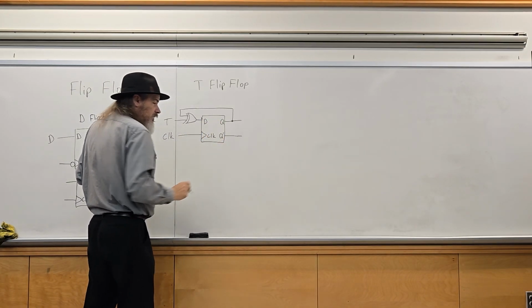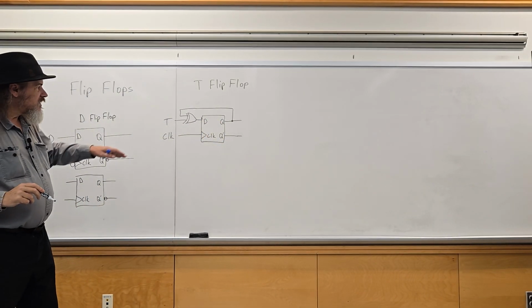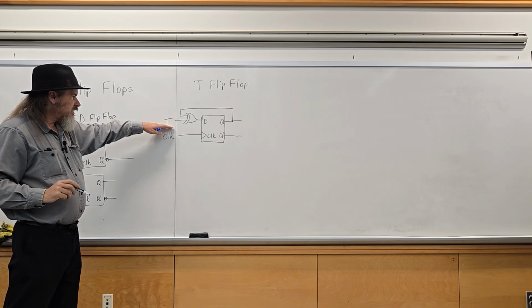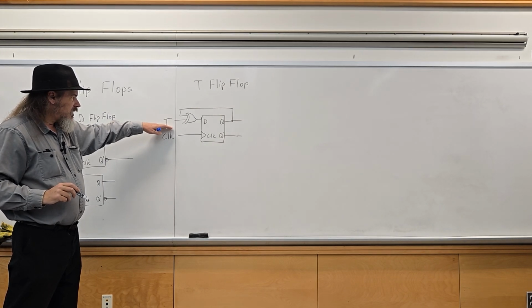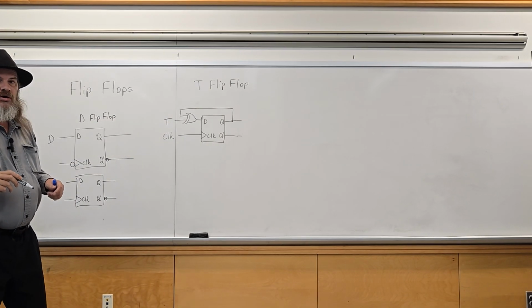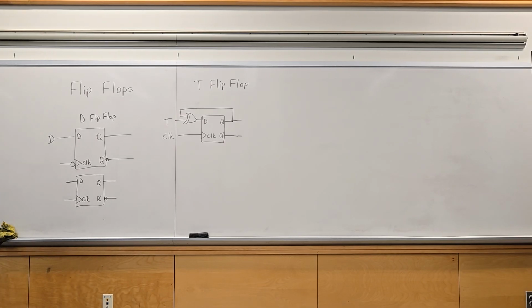So 0 will go out. So when you have the T input high, it will toggle the Q output and the complement of it as well.